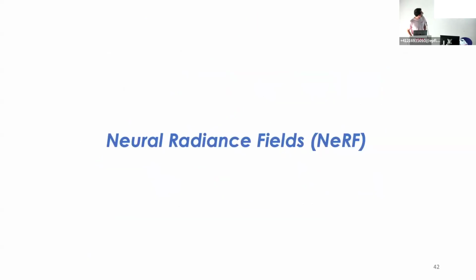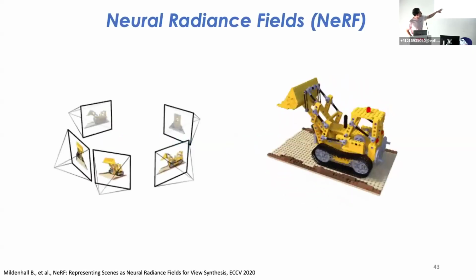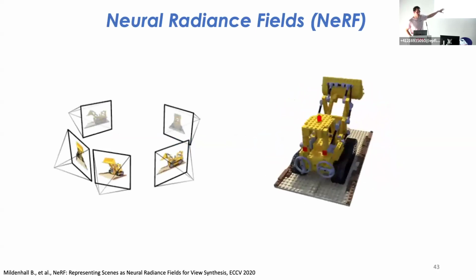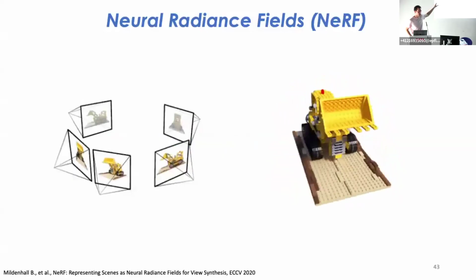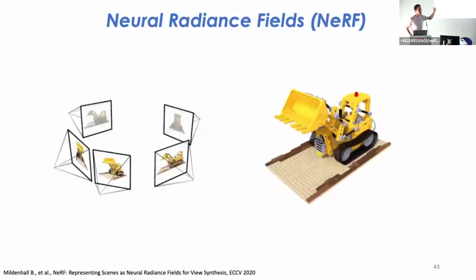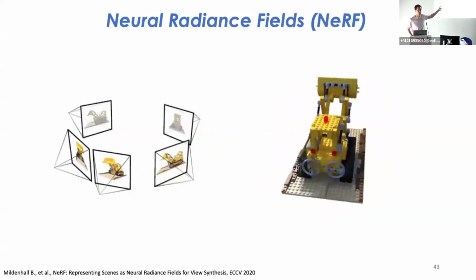So a neural radiance field, which again you might have heard of, is just a coordinate network that enables you to do this. Okay, this is a multi-view reconstruction of something. You get a bunch of images of an object or of a scene, and then what you want to do is render another view. For example, from the top or from the bottom or from in between a view that you already had.